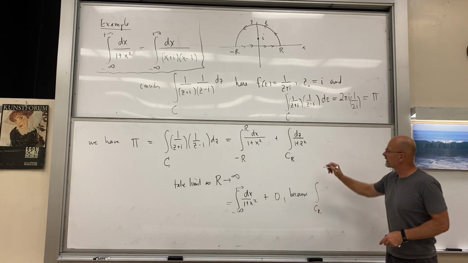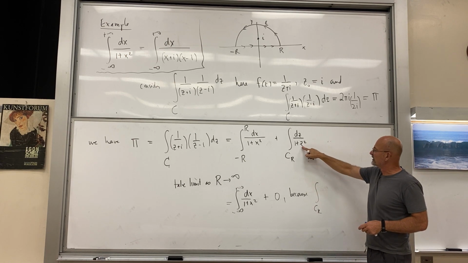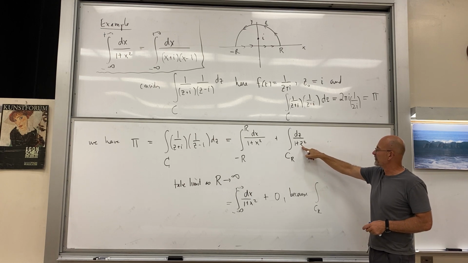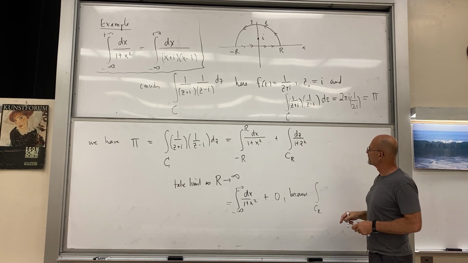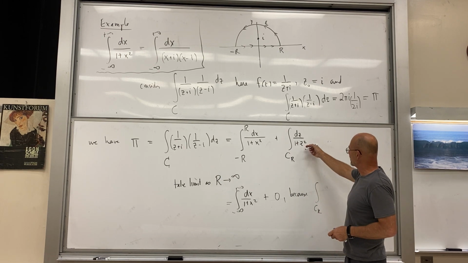This is almost the one we did in our notes. In fact, we did dz over z squared. Is that the one we did? dz over z squared is equal to 0. Close. We may have done this one in our Darboux proof, but we'll do it right now.